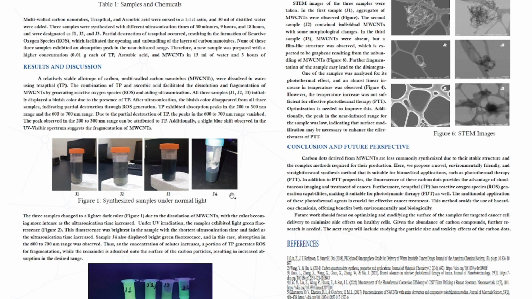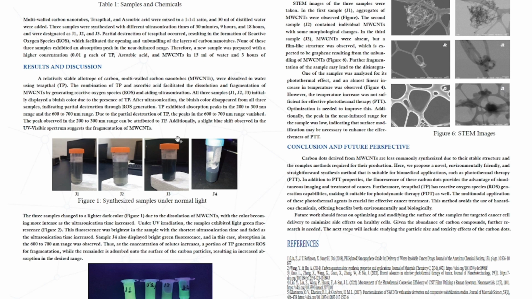Also, J4 is showing a bluish color that can be observed in these figures. Initially, all these samples were showing this bluish color, and it is due to the presence of terephthal. After some time of ultrasonication, this bluish color is lost in these three samples, because the terephthal and ascorbic acid generate reactive oxygen species.